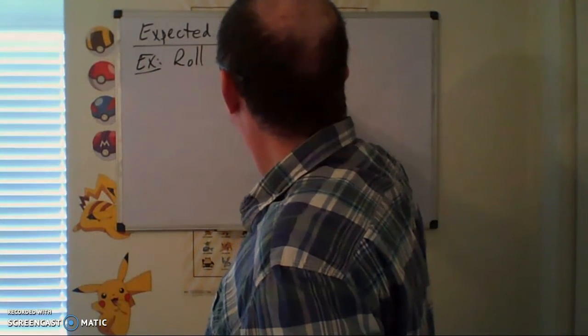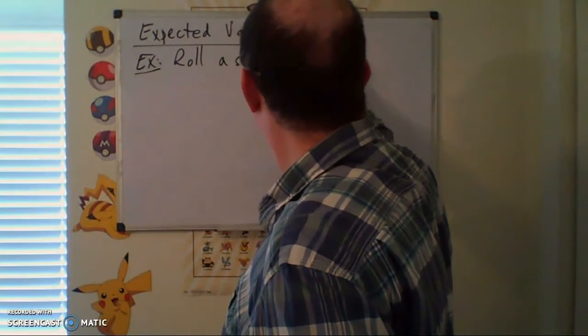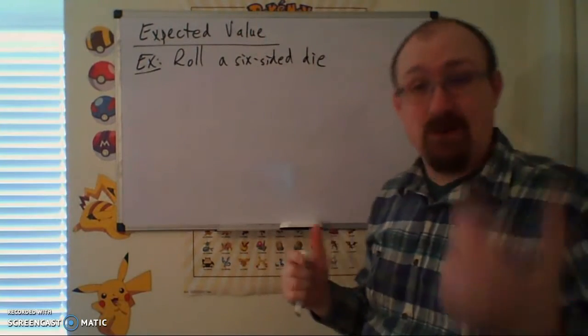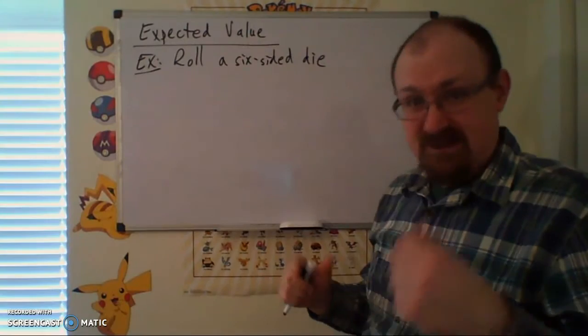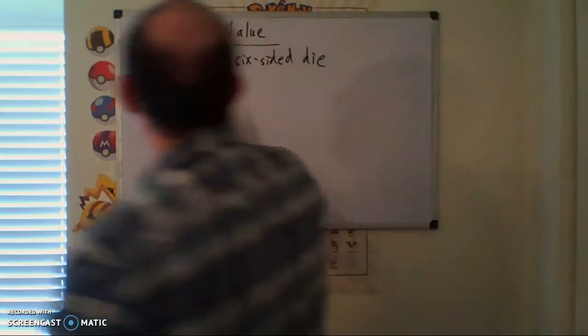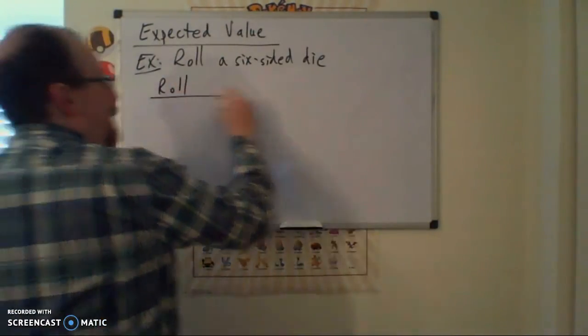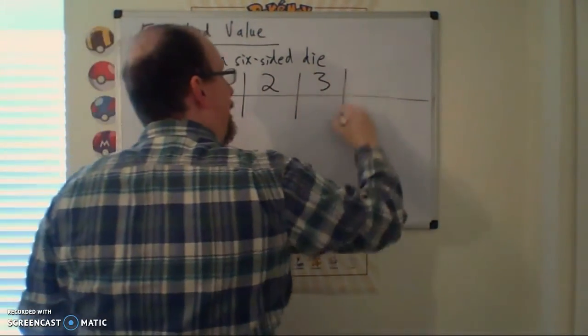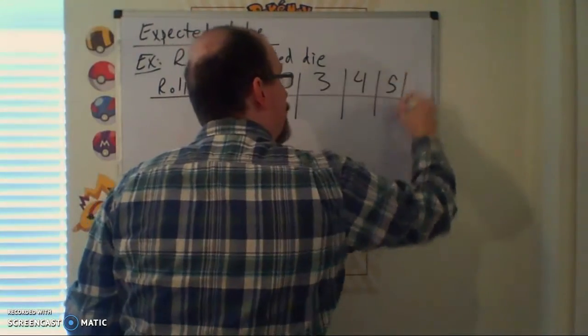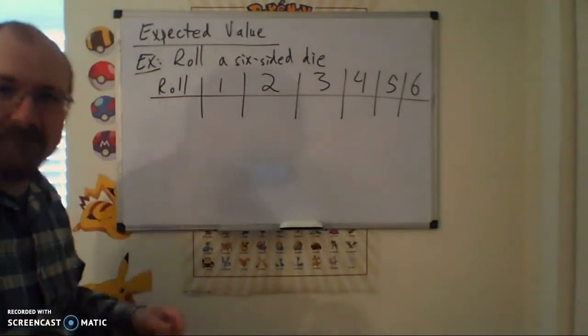Like I said, I like doing stuff involving dice. So let's say we're rolling a single six-sided die. It's possible you get a 1. It's possible you get a 6. So I'm going to build out a table of this stuff. I'm going to run out of room because my handwriting is big, but you get the idea.